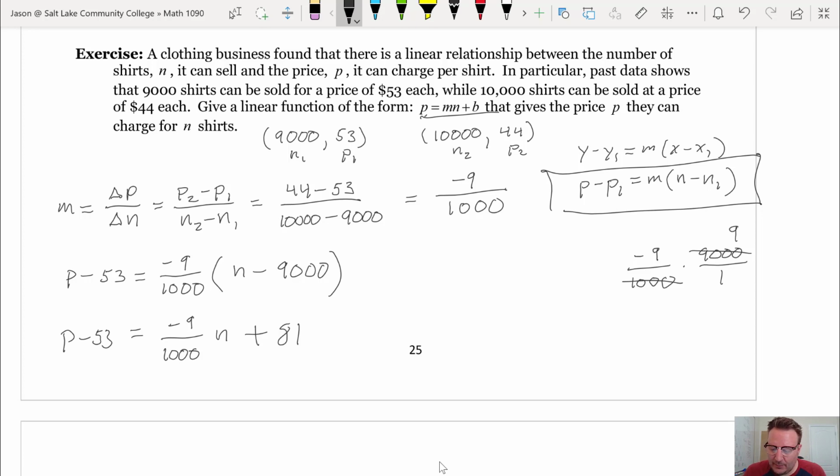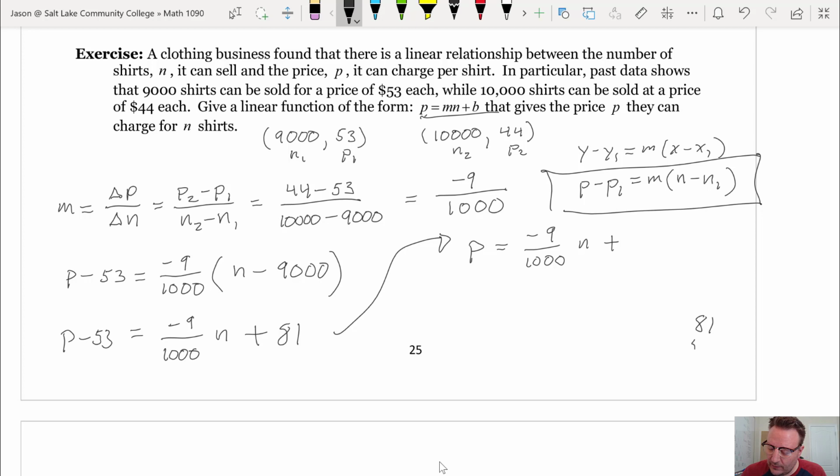So my last step here will be to add 53 to both sides of the equation. So when I do this, what do I get? I get p is equal to negative 9 over 1,000 times n plus, let's see, what is 81 plus 53? That's going to be 134, so plus 134.